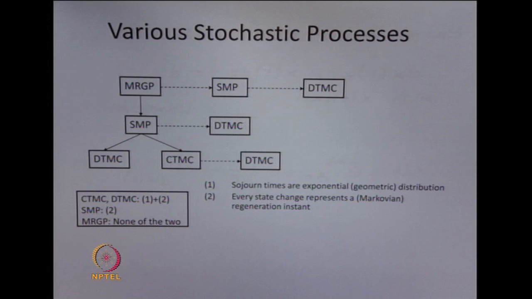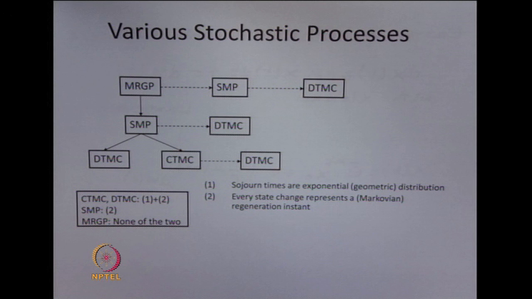The epochs or points T1, T2 and so on, in which the process probabilistically restarts from scratch, that is, from epoch T1 the process is independent of its past, and the stochastic process behavior from epoch T1 is the same as it had from T0 equal to 0.